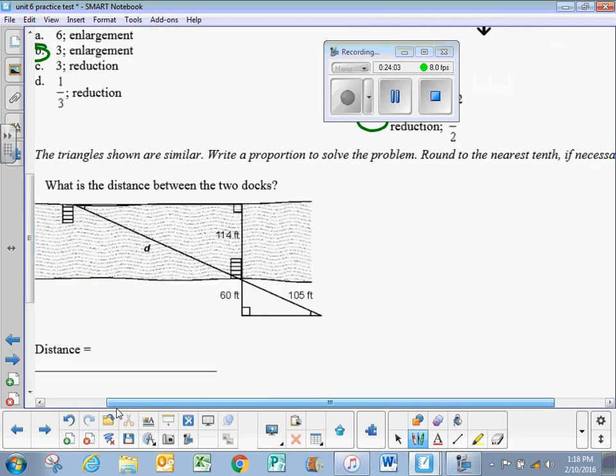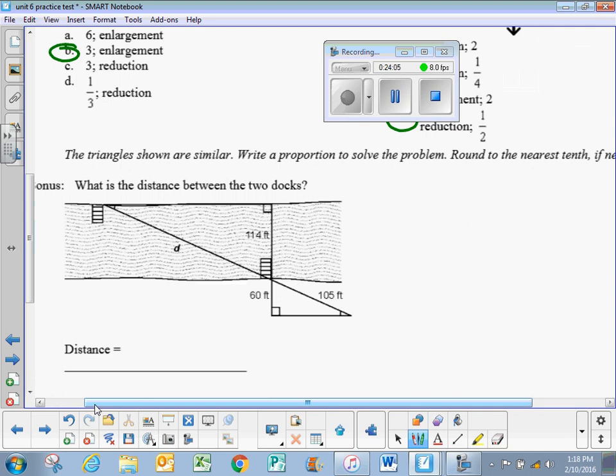Okay. Lastly, now we have to look at corresponding parts. The height of this triangle is 114. So height over height equals hypotenuse over hypotenuse. So I just set up a proportion of the similar triangles and just use my cross product rule.